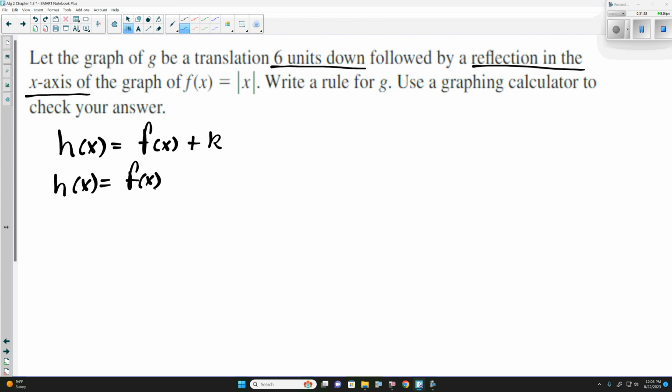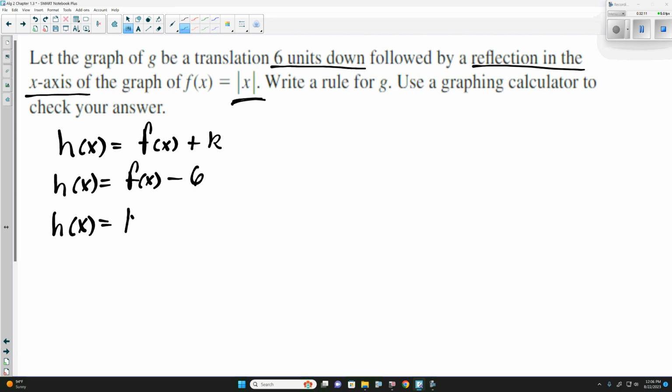Now we need to determine what our value of k is. How far are we going up or down? Would it be positive or negative? Negative, because it's going down. So we'll replace k with -6. So we could have said plus -6, but minus -6 works as well. Now what is our function f of x? F of x is just the absolute value of x.